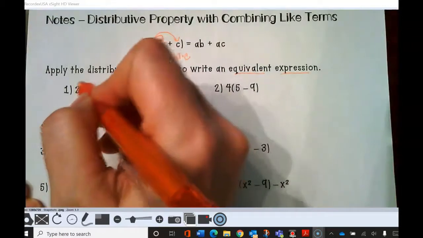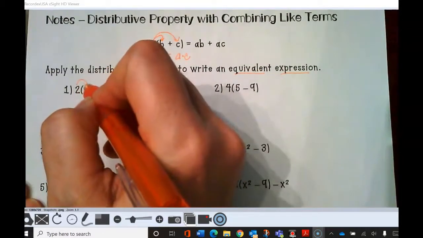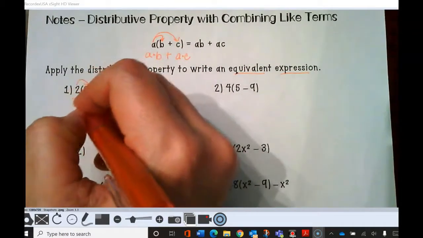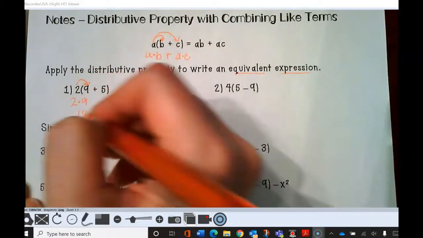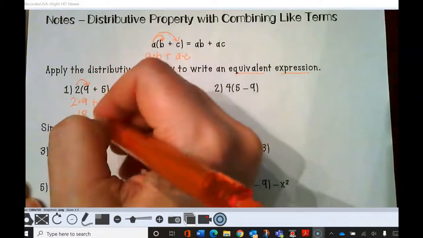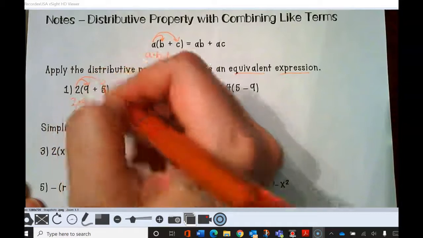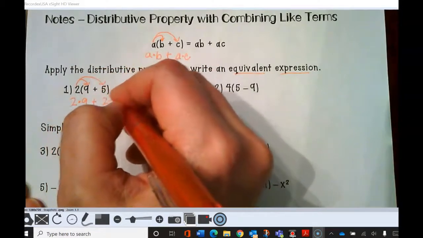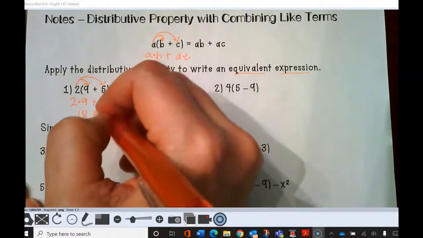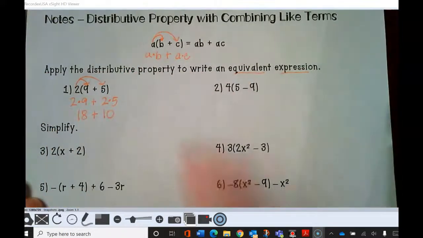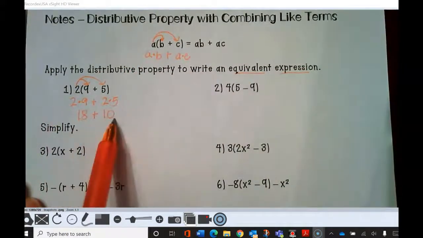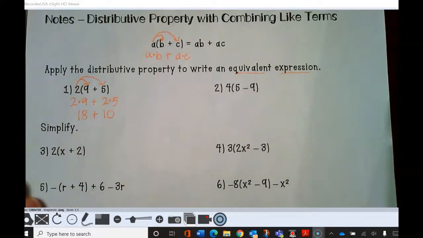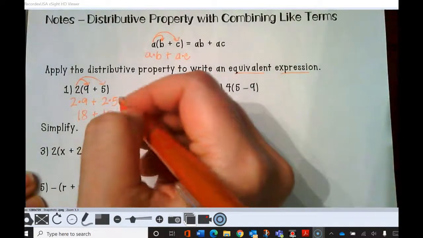So you're going to do 2 times 9, which is 18, plus 2 times 5, which is 10. And you're going to stop either here or here to have an expression. If you tell me 28, that doesn't show the distributive property at all. So either of these is fine.